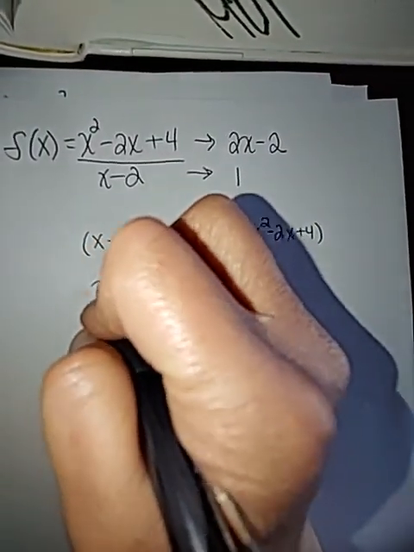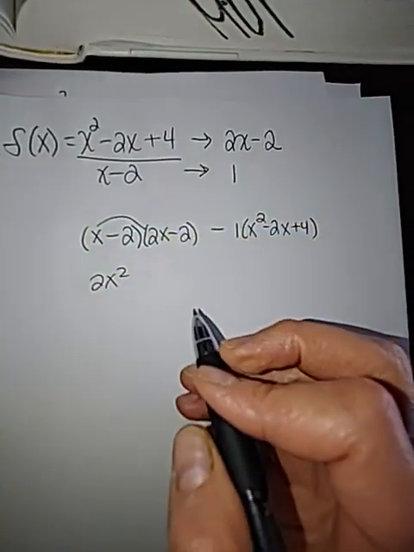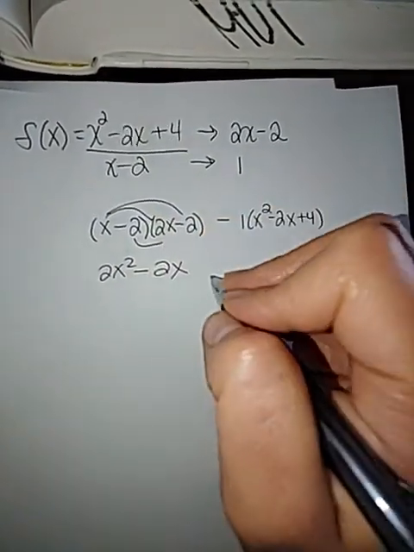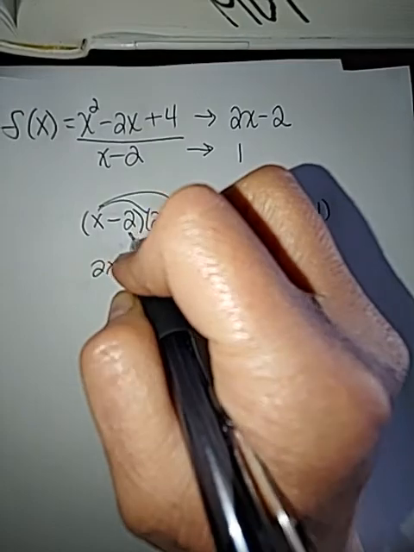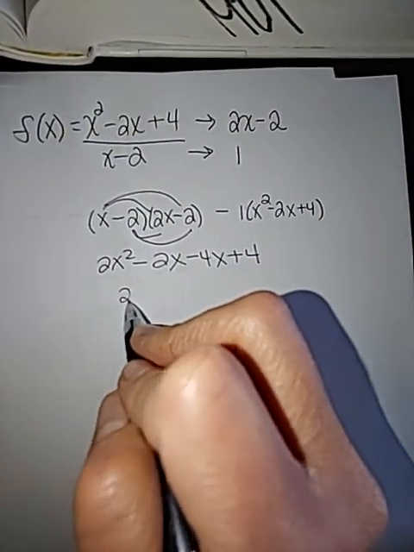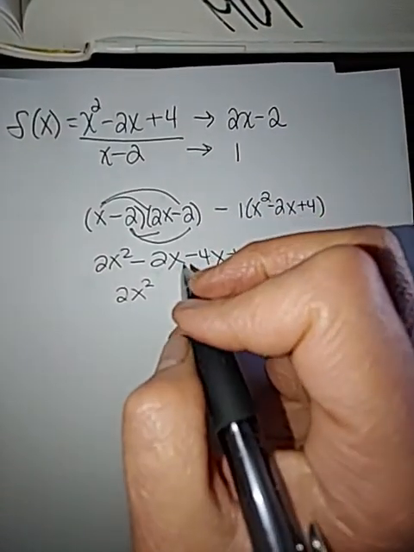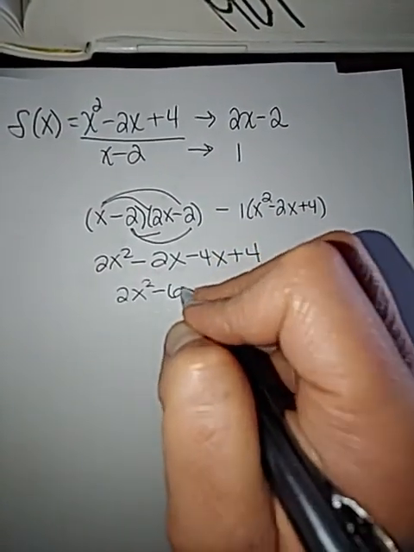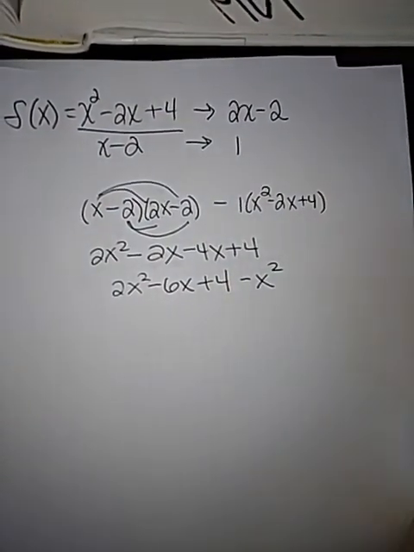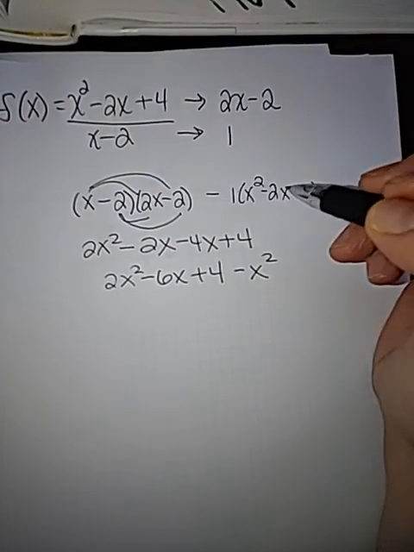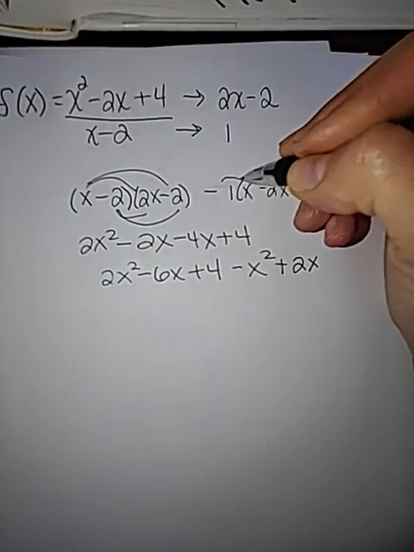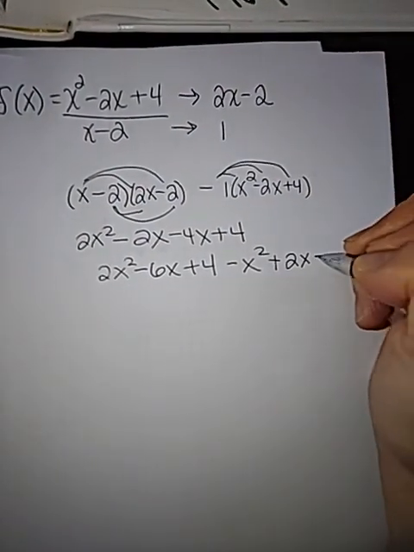So I have 2x squared minus 2x minus 4x plus 4. So that's 2x squared minus 6x plus 4, minus x squared. I'm going to pull that negative into every term: plus 2x minus 4.